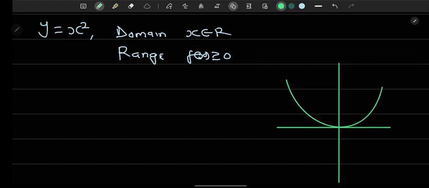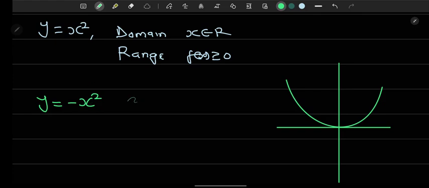Okay, so that is for y equals x squared. All right, and the other one there we have y equals minus x squared. So minus x squared is just like a reflection of x squared on x-axis. So when x squared reflects on x-axis, then you have minus x squared.